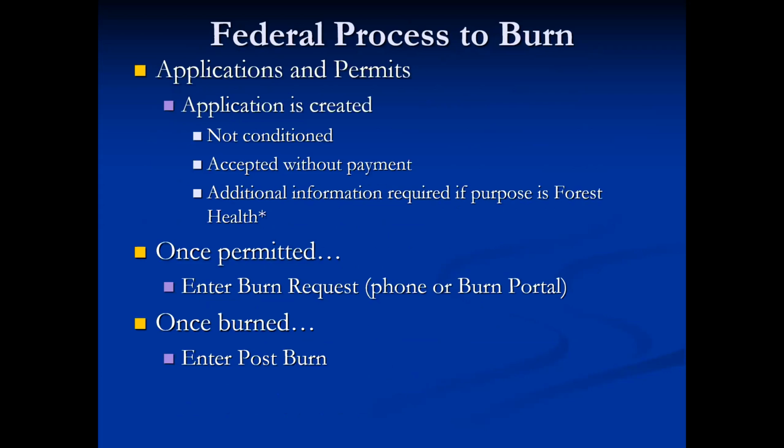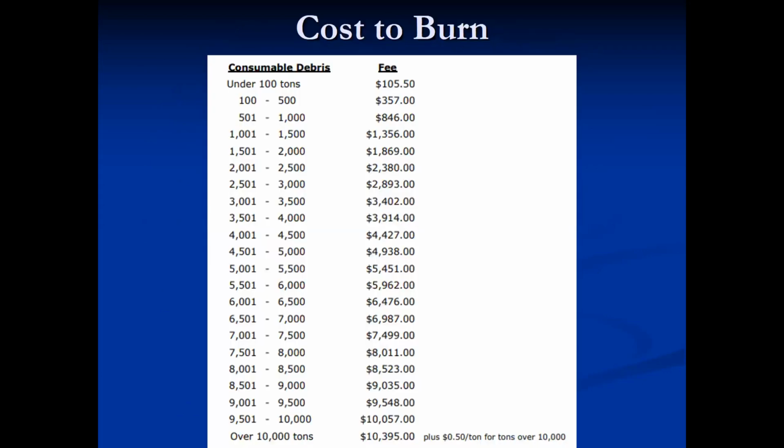Let's see, we can skip the federal process because we're not here for that one. So, burn costs. DNR's program for burn permits is basically a pay-to-pollute system. Depending on how many tons of consumable material you have, so how many tons of wood you're looking to burn on your property, or grass or whatever it might be, you fall into the fee schedule.